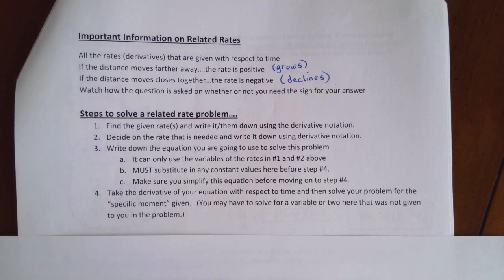Okay, we as instructors cannot go through every single type of problem that's out there, because there are infinitely many of those kinds of related rate problems. So we do our best to show you a lot of different examples, but to me, what's more important is if we stay consistent with how we solve them, then you guys can take on any problem whether we've done it or not.